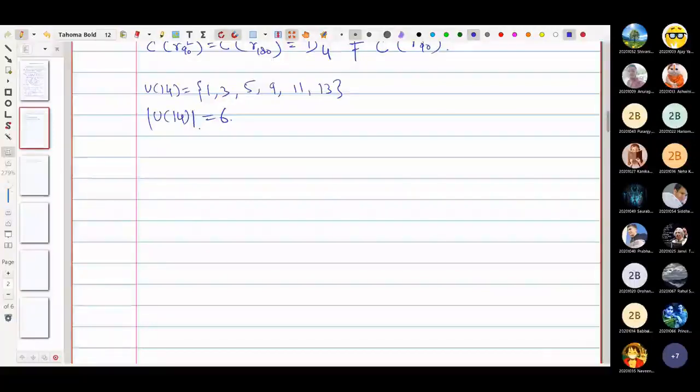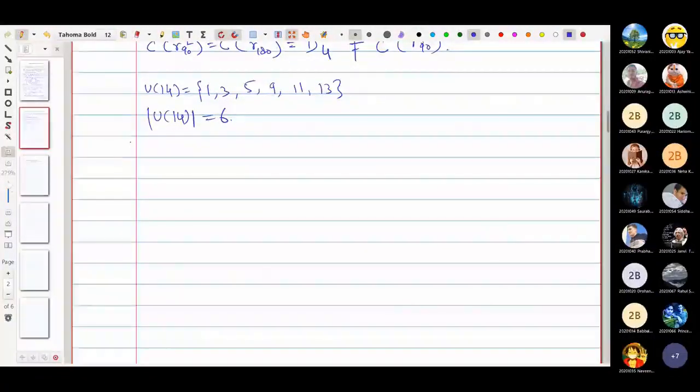So the question is whether it is cyclic or not cyclic. First of all, we need to find the order of each element of this U14. When does a group become cyclic? When the order of any element is equal to the order of the group.